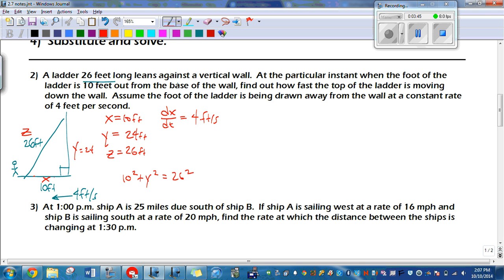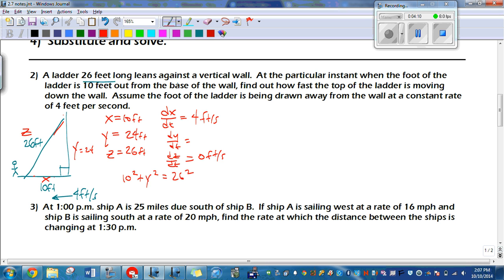Now, we're going to look at what's dy dt and dz dt as well. Look at each variable and its change. With dz dt, that's the ladder. Even if we're moving that bottom out, the size of that ladder is not going to change at all. So dz dt is 0.